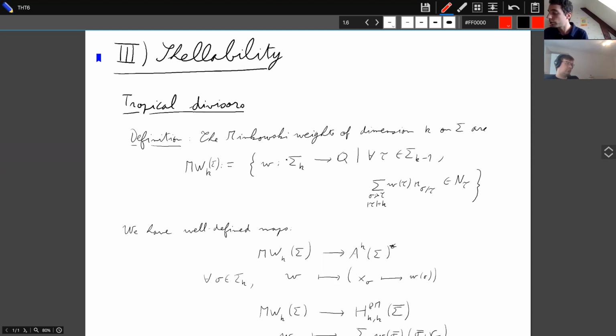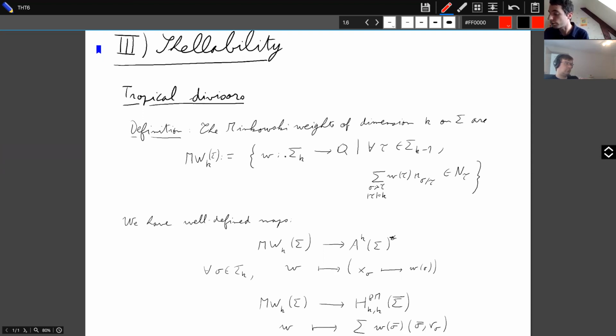So we can define Minkowski weights of dimension k on sigma to be the following. You give to each face of dimension k a weight in Q with a property around each face of dimension k minus 1.